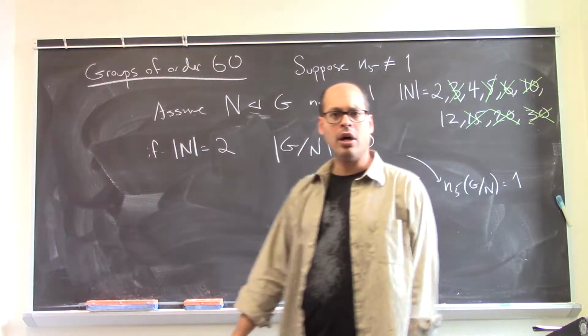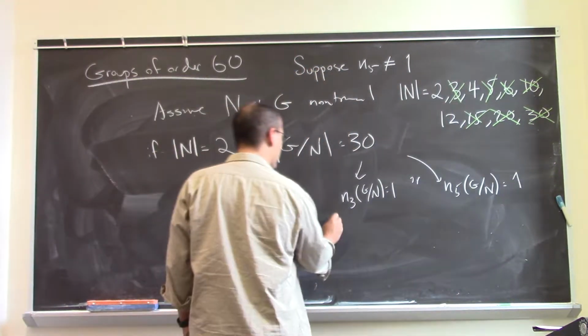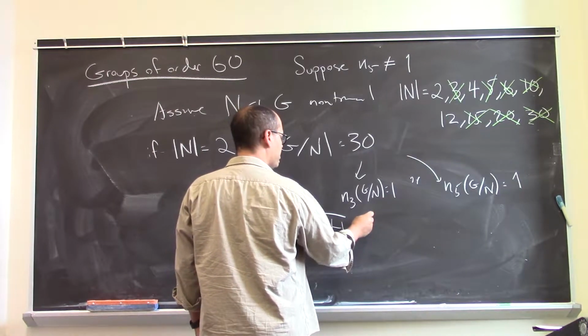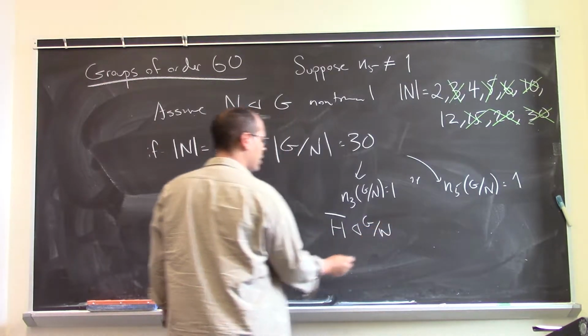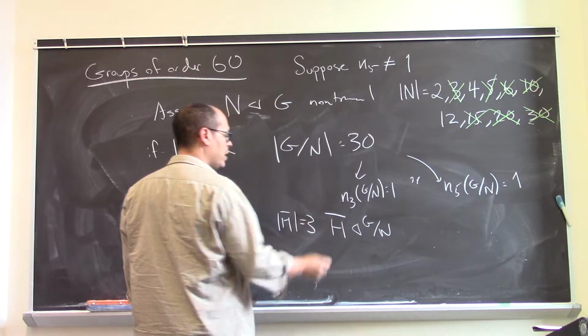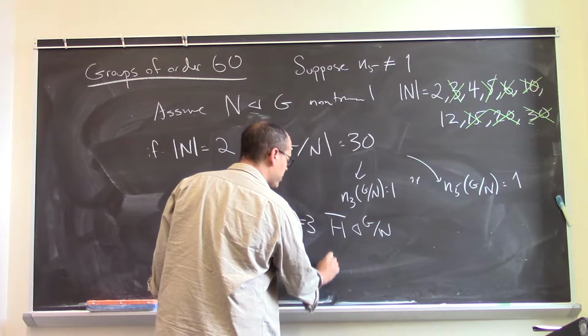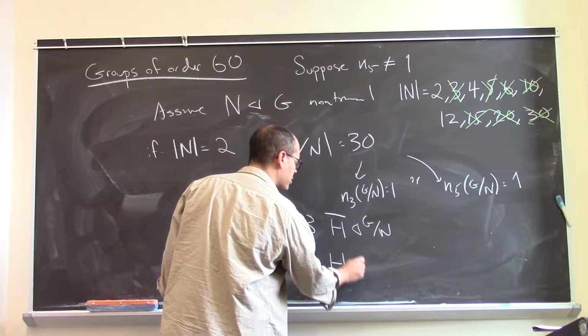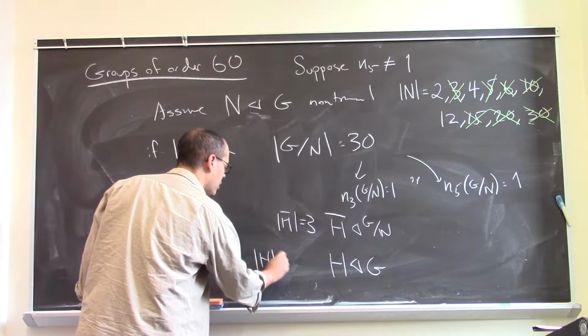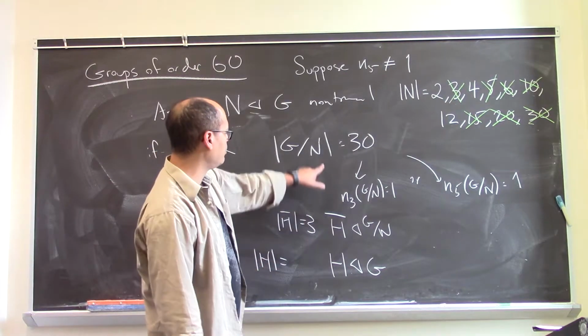Now, on the one hand, this would correspond to a normal subgroup of G mod n of order 3, which would then, by the correspondence theorem, give me a normal subgroup of G, where the order is 3 times, what am I modding out by?